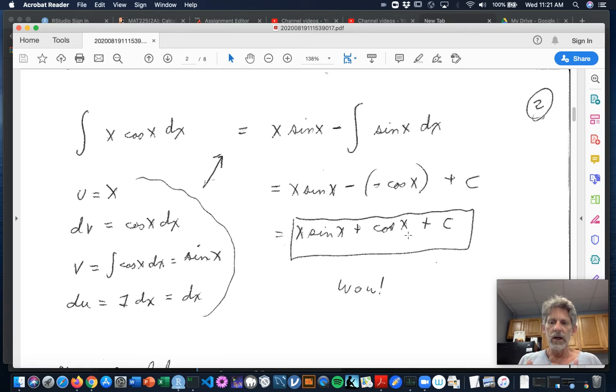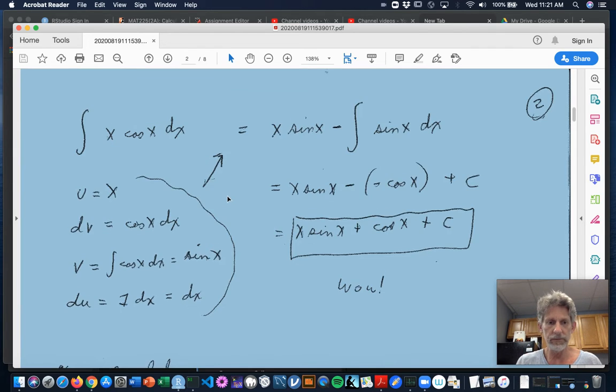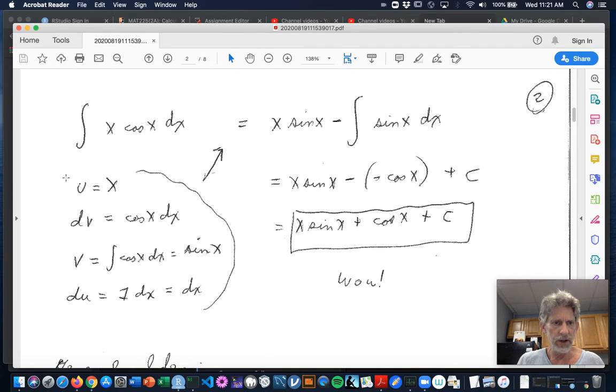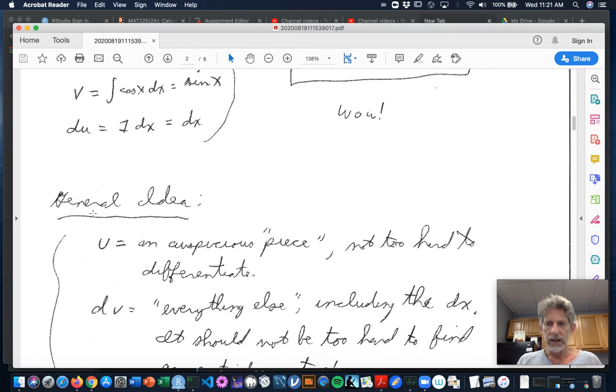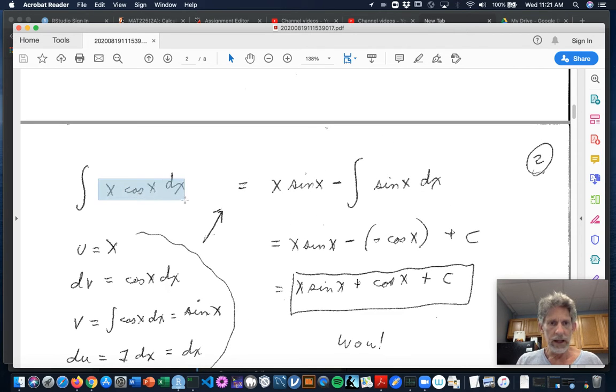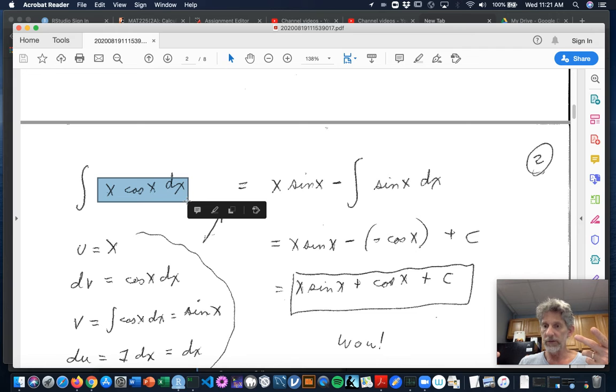And it's an idea that should especially occur to you when your integrand looks like some kind of product. Okay? The general strategy for making a good choice for your u and your dv is to remember, first of all, that the whole problem has to come out to u times dv.